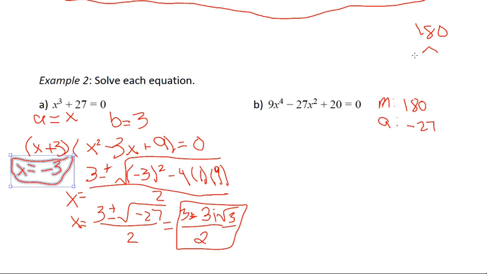So what if 180 is divisible by 15? And if you can't guess right the first time, then make yourself a prime factor tree and try multiplying some things together. But 180 divided by 15, magically, because I told you the answer, works out to being 12.